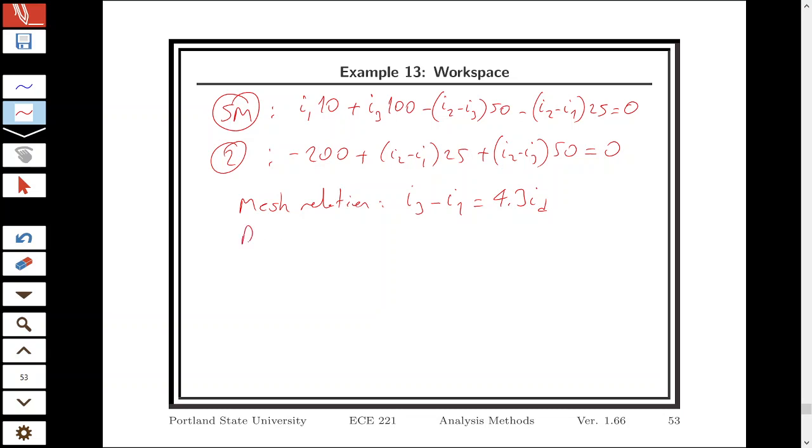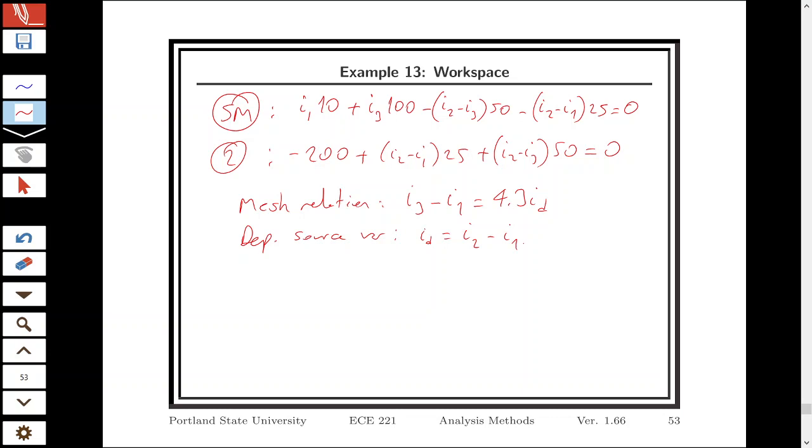And lastly, dependent source variable ID equals, ID is the current on the 25 ohm resistance, so it is I2 minus I1.